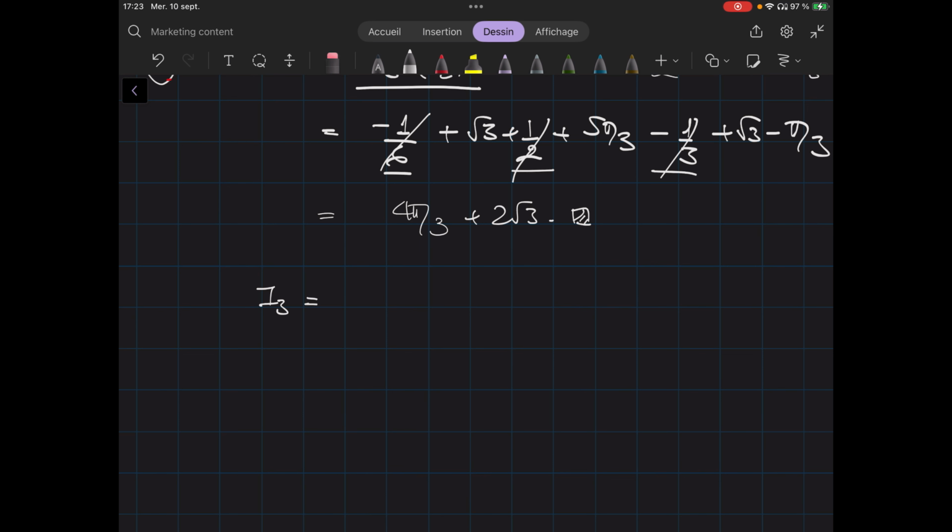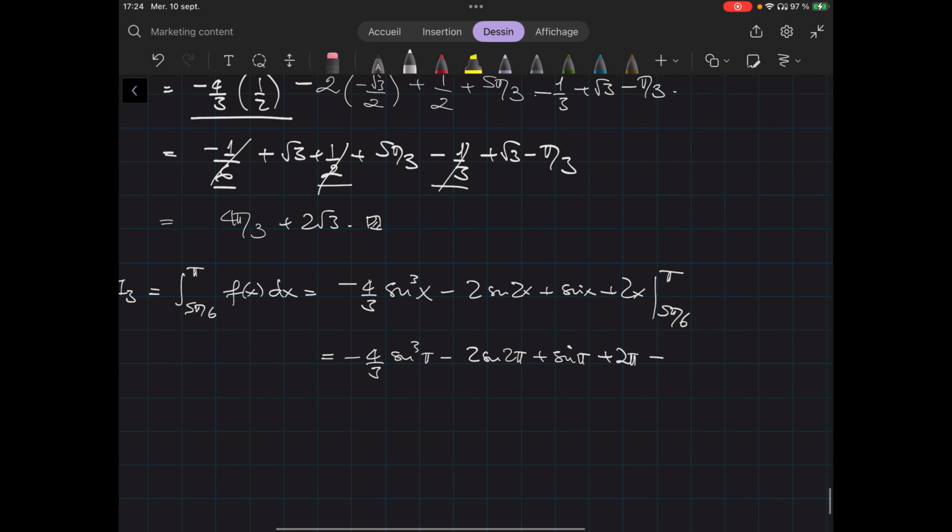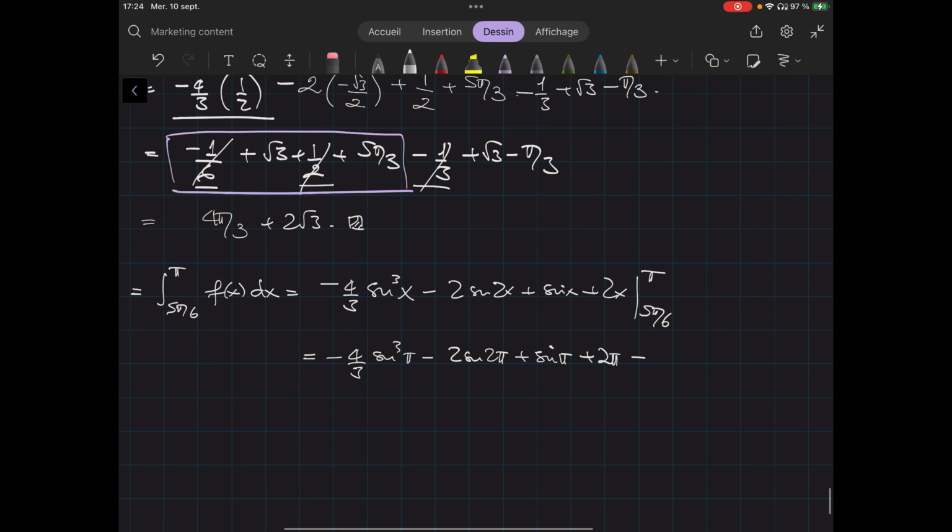The last integral is from 5 pi by 6 to pi. Let's plug in the upper bound. The lower bound here is going to be this portion, or you can of course reevaluate this.